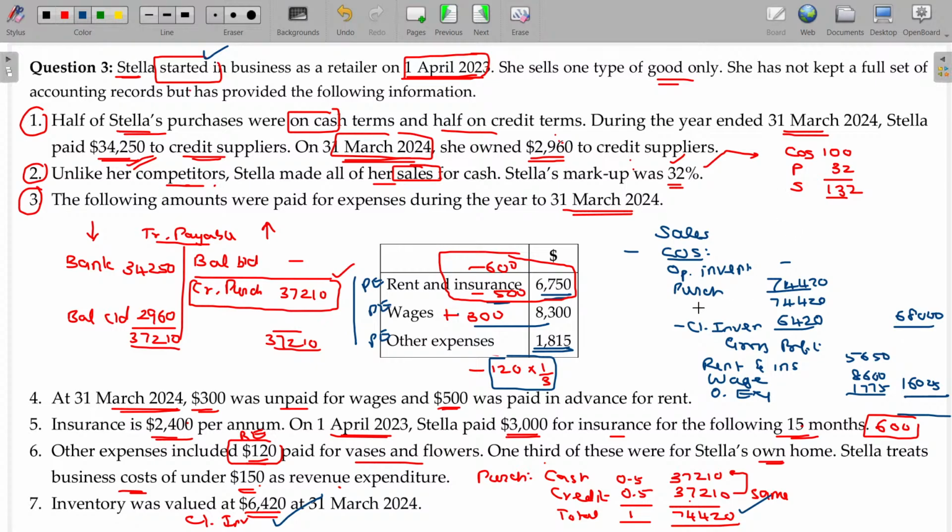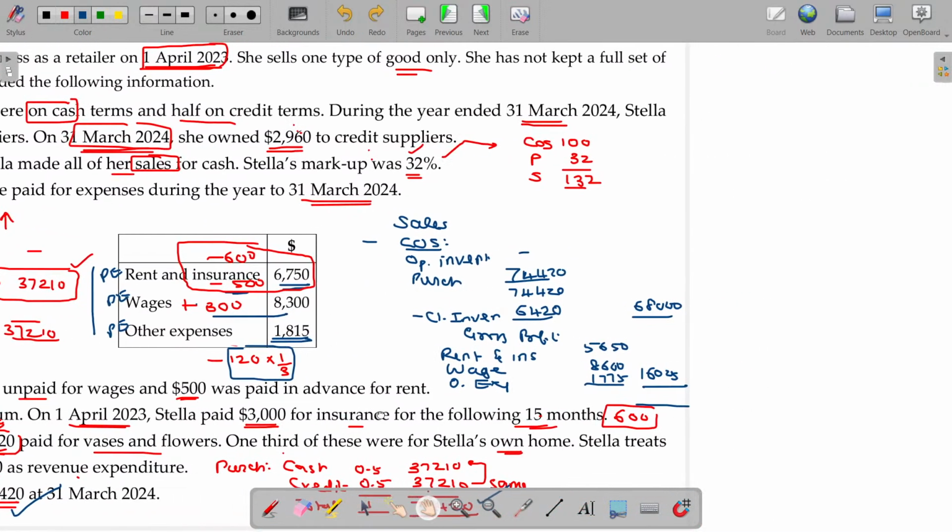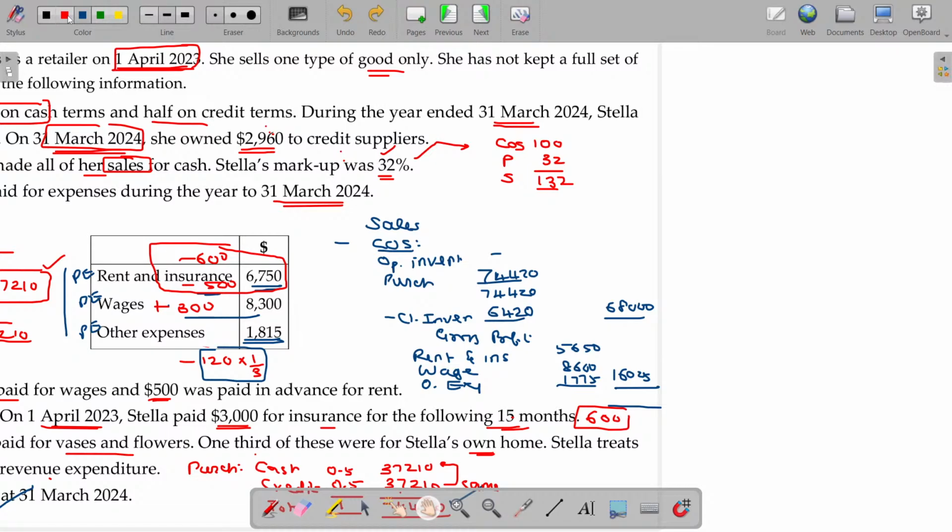Now we have what? Cost, I'll work out here. Slightly I adjust the page. Now, cost, profit, sales in percentage.